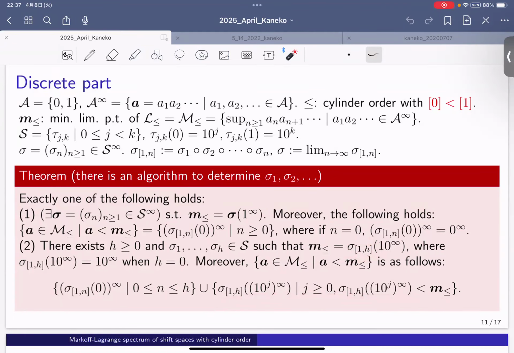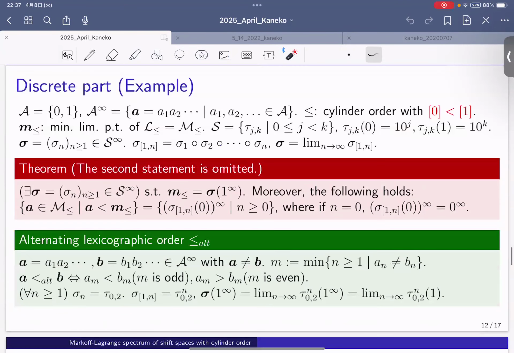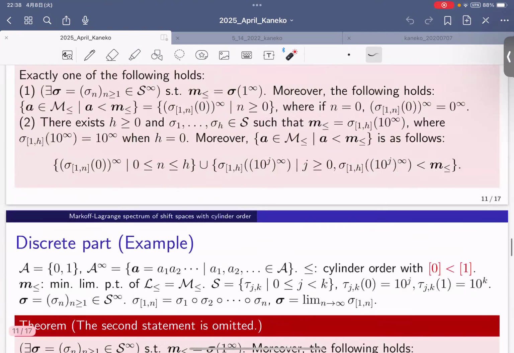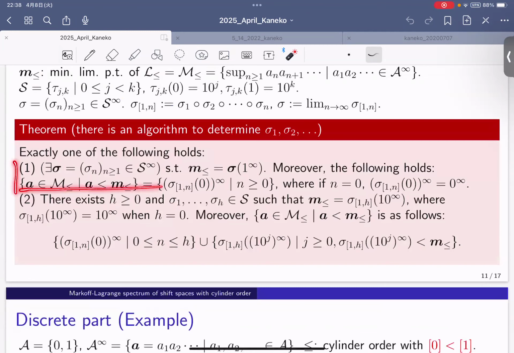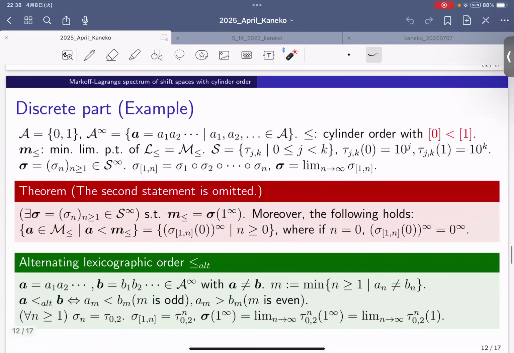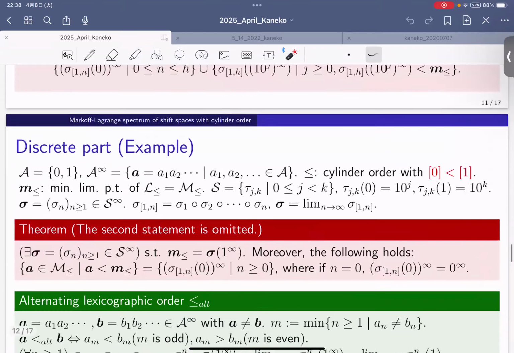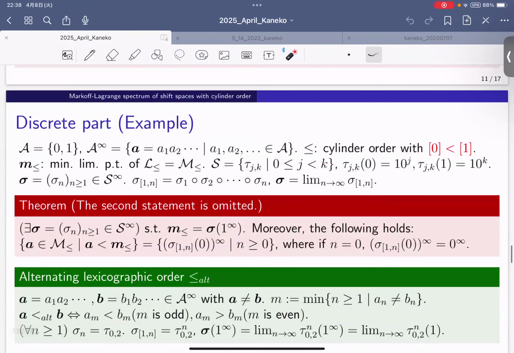Anyway, I would like to introduce examples in the next slide. Here, I'll only introduce examples related to the first case, so I omit the second statement, which is the same as the first statement of the previous page.